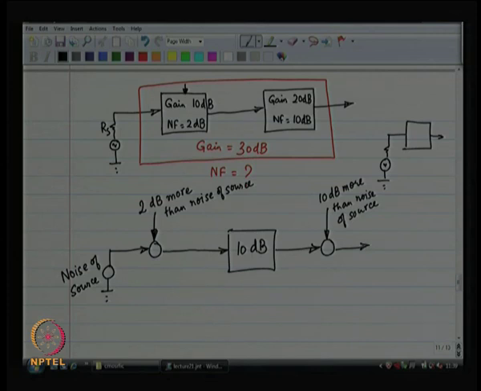Right, and this is going to go through a gain of 20 dB, and it is coming out. So, I want to estimate the combined noise figure of everything taken together.